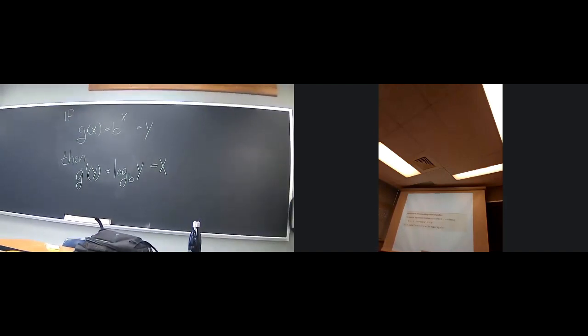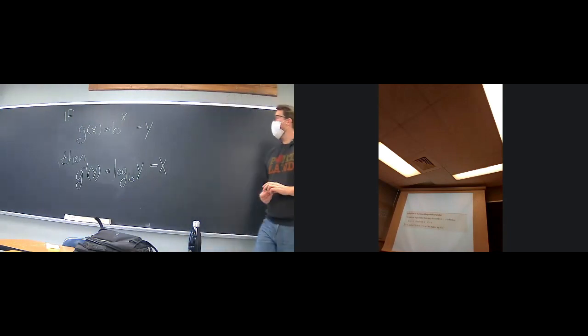So having said that, the natural log of x is equal to b if and only if e raised to the b is equal to x. Same idea as this, right? Except here we're using e.